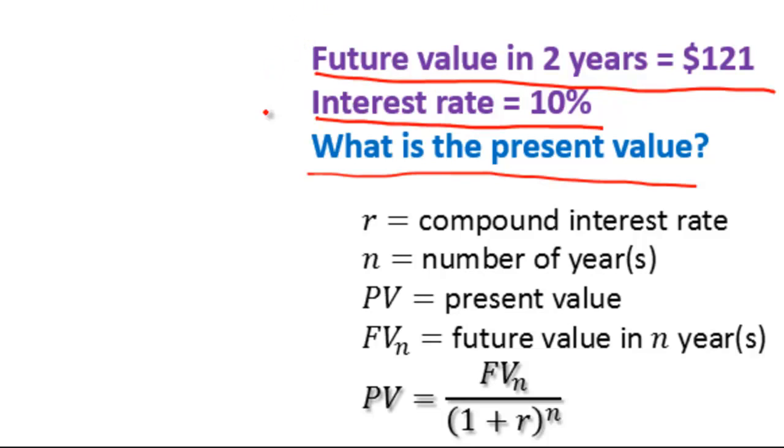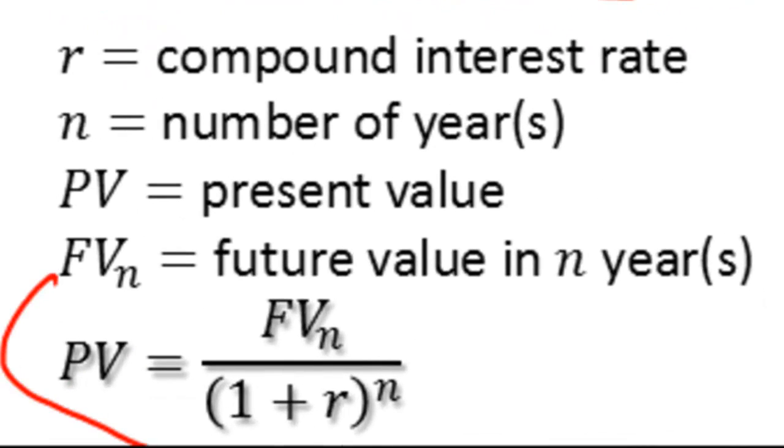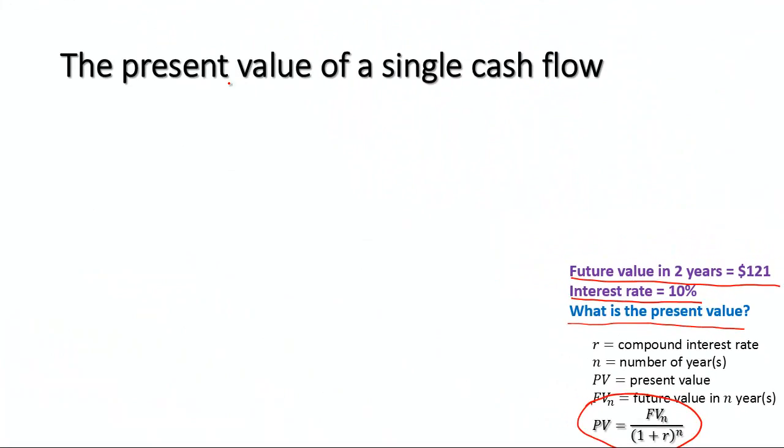So our formula is given here. Present value is equal to future value after N years over 1 plus R to the power N. Let us plug in the values in the formula. Present value is equal to the future value after 2 years, which is $121, and we know that the discount rate is 10%, which is 0.10 in decimal format.